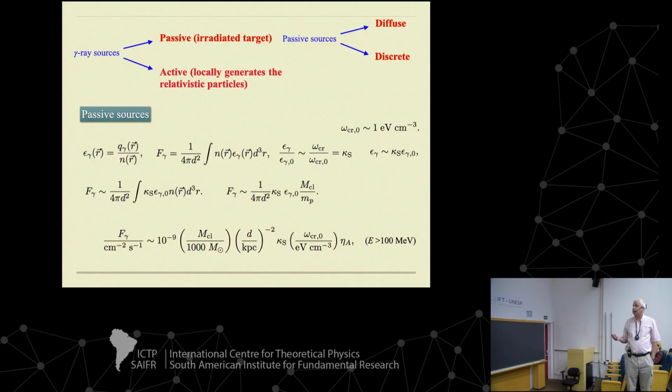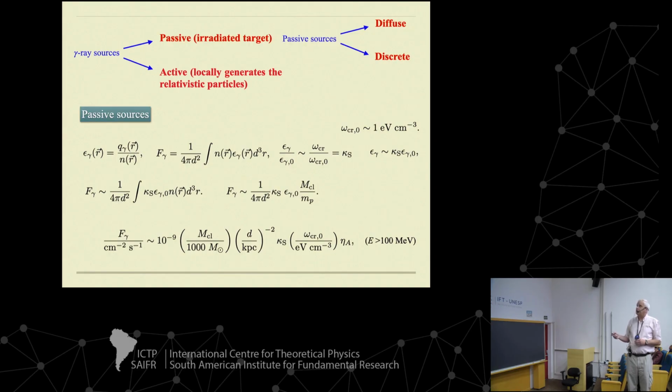And this number is called k_s, s for the source. So the specific emissivity is nothing else than the product of this number, the enhancement of cosmic rays in the source with respect to the local cosmic ray density, times the local emissivity.